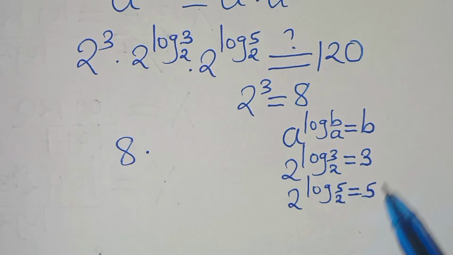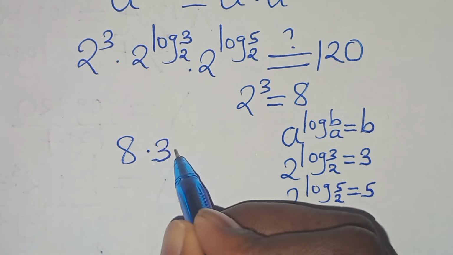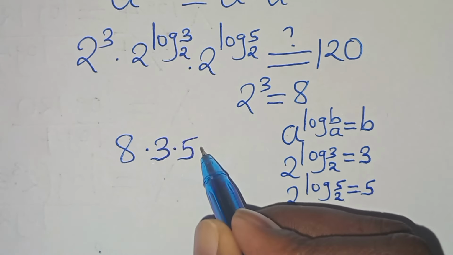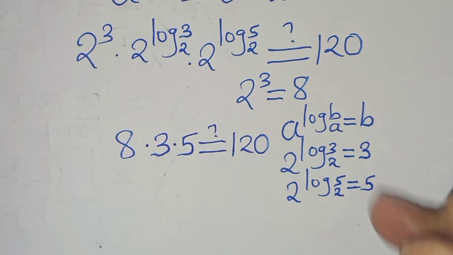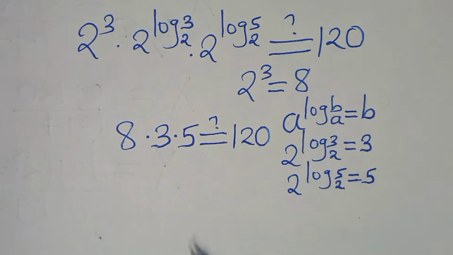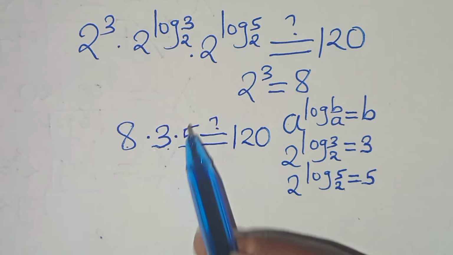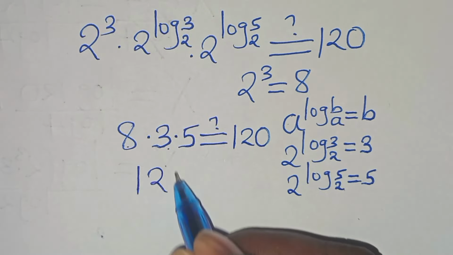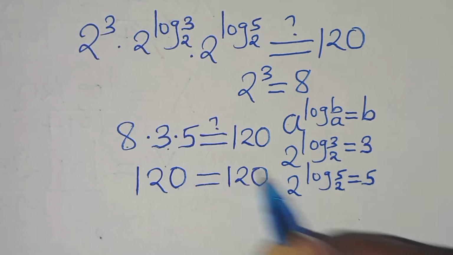So let's substitute 3 and 5 so that we have 8 times 3 multiplied by 5. This is supposed to give us a value of 120. So 8 times 3 is 24, times 5 is 120, which is equal to 120.